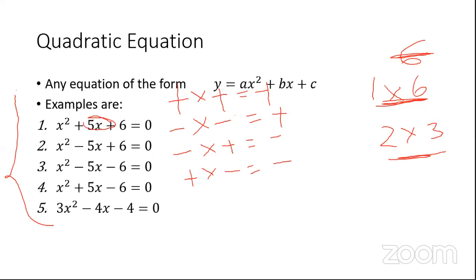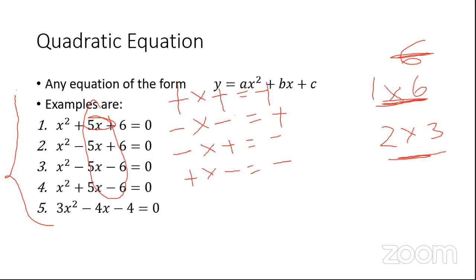So you can't group them into 2 like this. So you need to look at those ones at the middle. How do we split them so that the number of terms will become 4? That's our aim. So we replace that one with 2x plus 3x.